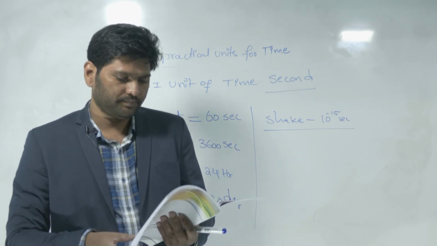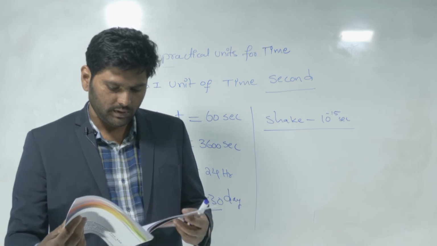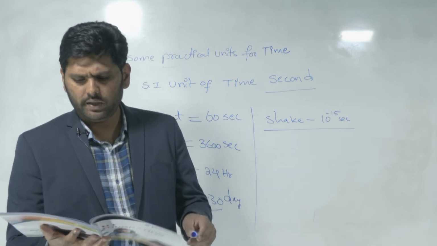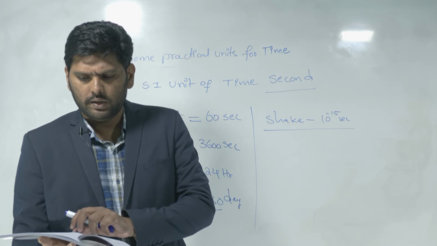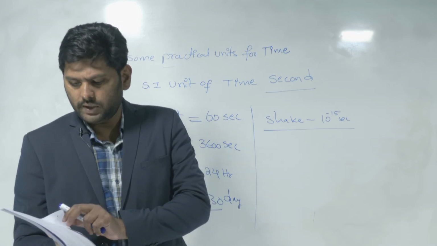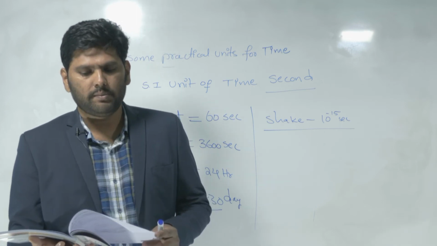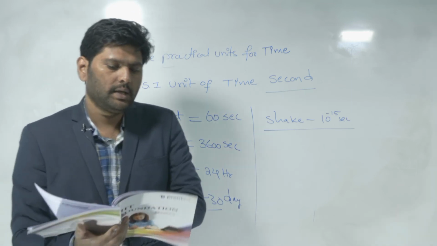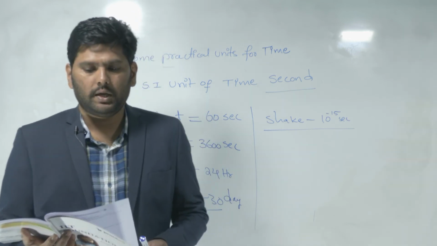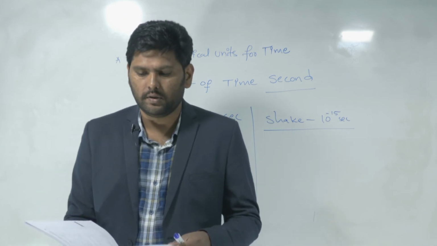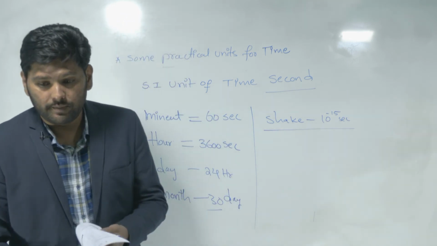Read the remaining part once, and go to multiples and submultiples. This is synopsis 4. Open practice sheet 4.